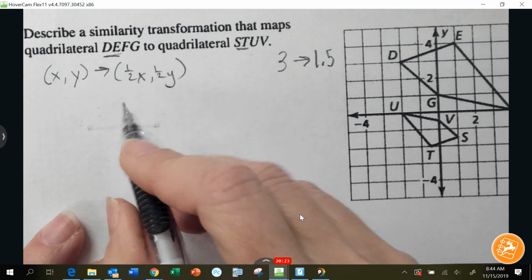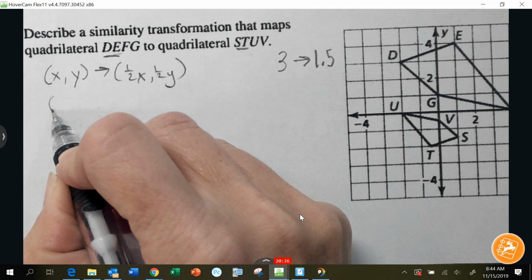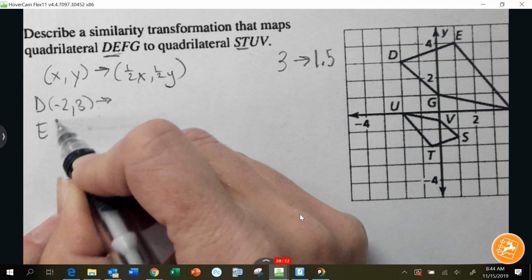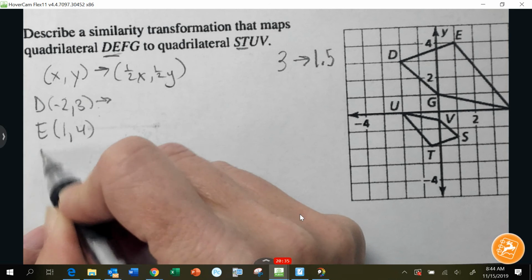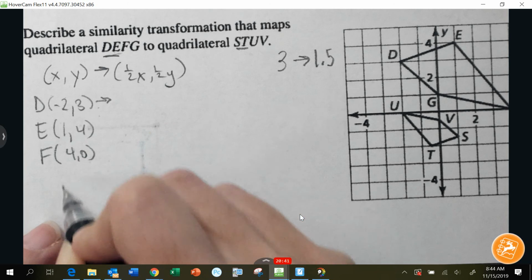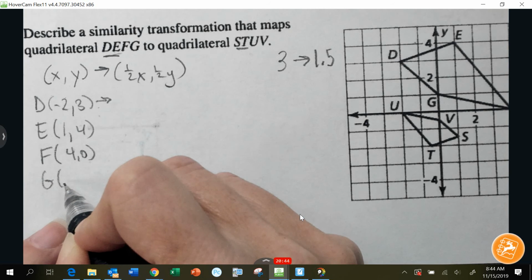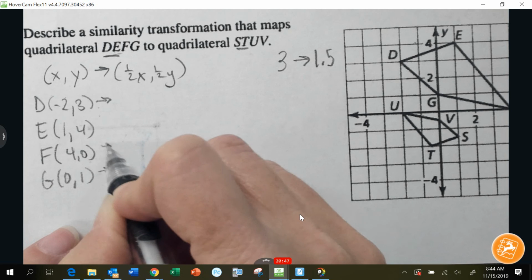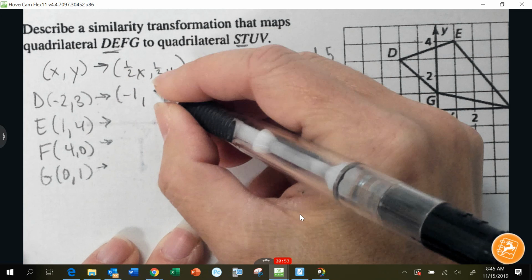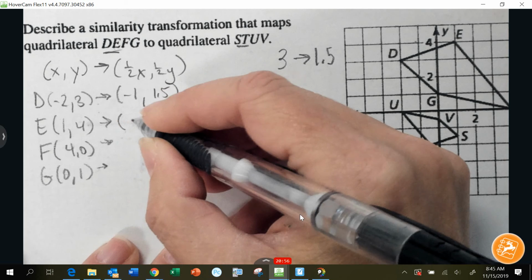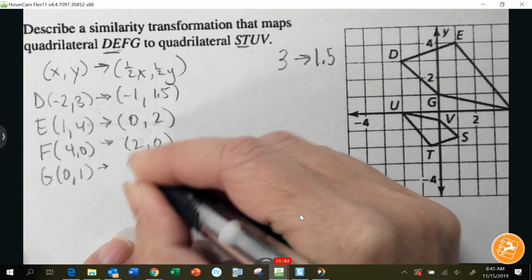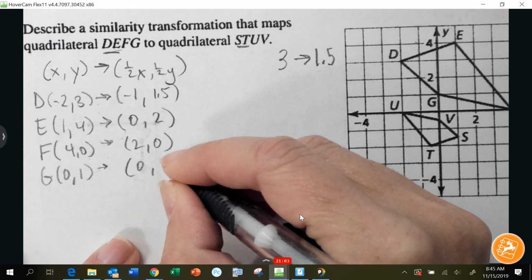I didn't write my ordered pairs yet. Okay, so if I do half, then I'm going to have negative 1, 1.5, and then I'll have 0, 2, 2, 0, and 0, 0.5.